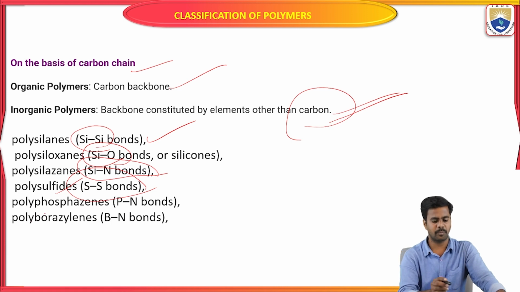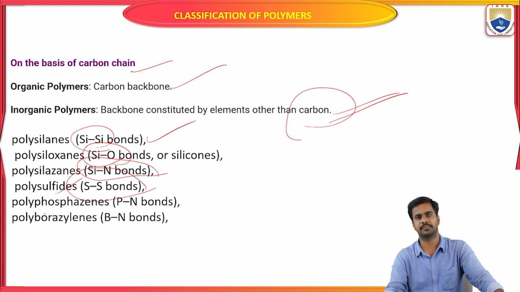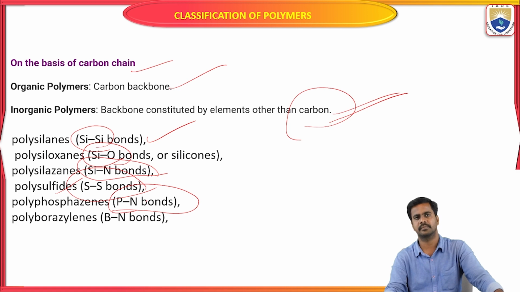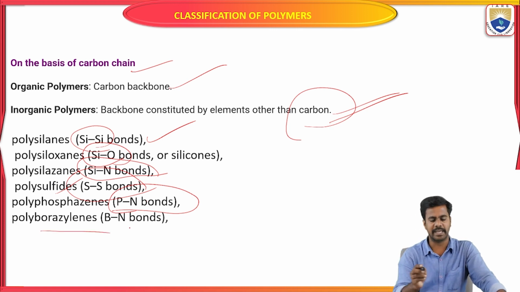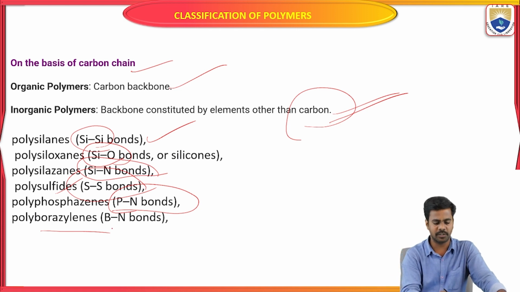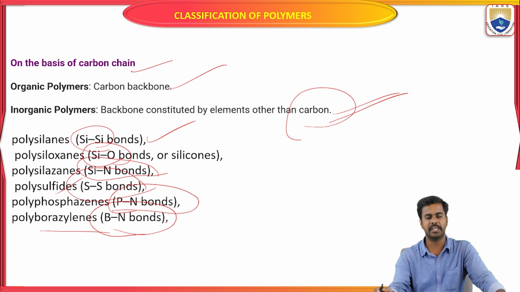And next one is polyphosphazenes. In polyphosphazenes we can observe phosphorus to nitrogen bonds. And last one is polyborazylenes. In polyborazylenes we can observe boron to nitrogen bonds.